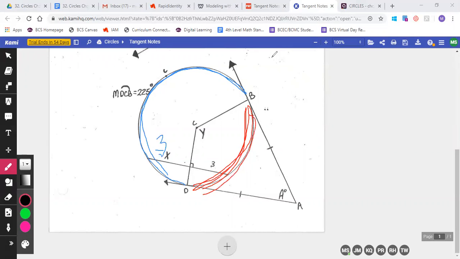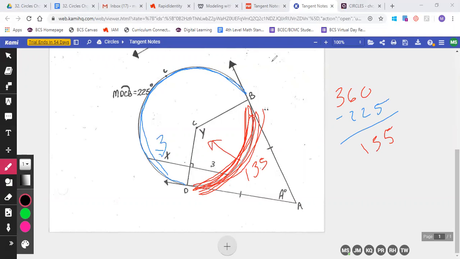So to find this red arc right here, I can just take 360 degrees. I can subtract off the 225, and that's going to leave me with a total of 135. So this is going to be 135 is what that arc is. Well, if this is the arc and it's 135 degrees, I also know that central angle is 135 degrees. So I say, okay, well, Y has got to be 135 degrees.